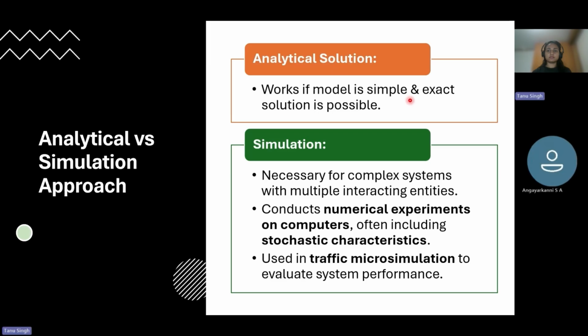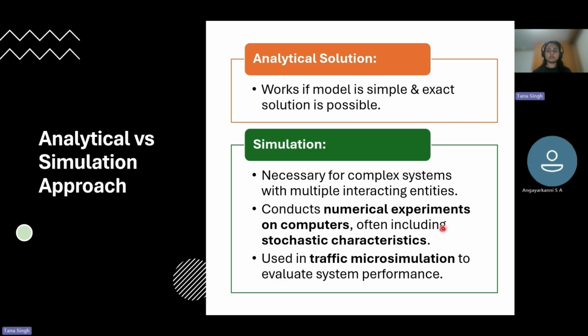But traffic is a complex system where different vehicles interact with each other, and also with the infrastructure. Therefore, it is a very complex system, and we use a simulation method. Simulation lets us perform numerical experiments on computers, often including stochastic characteristics.